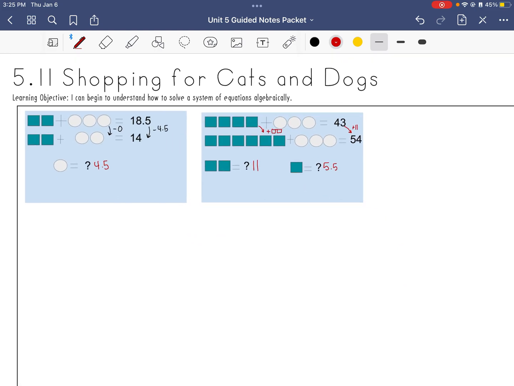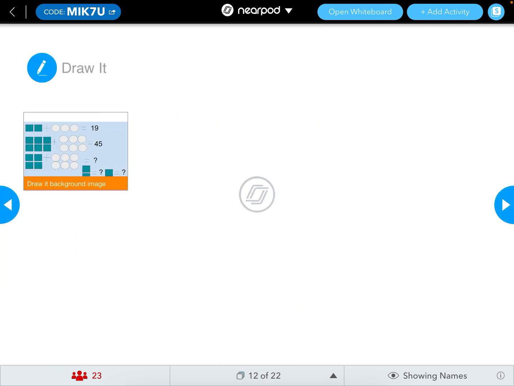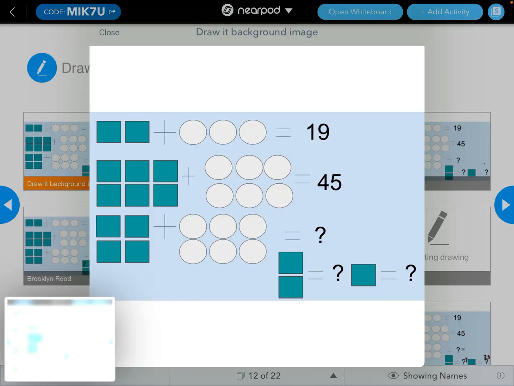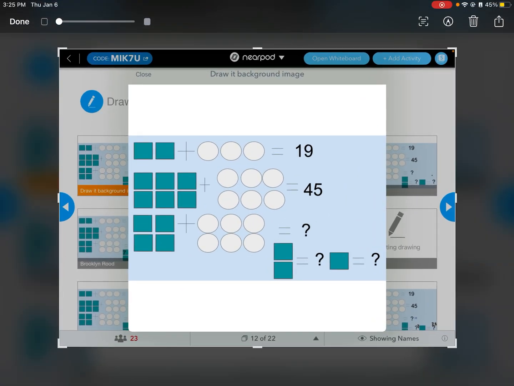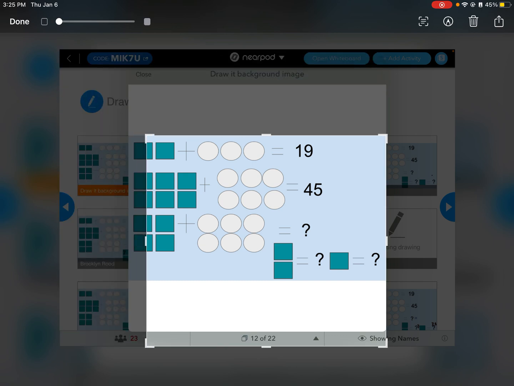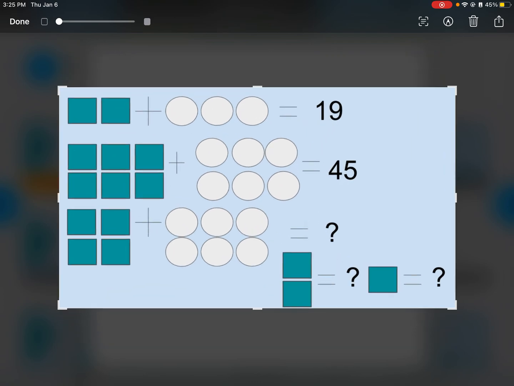Next. This one is harder. You are going to need to take more time to figure this one out. I promise. This one is a little bit more complicated. So you really need to think about, what do I notice? What do I see? What could I possibly do to figure this out? I know that these are hard, guys.